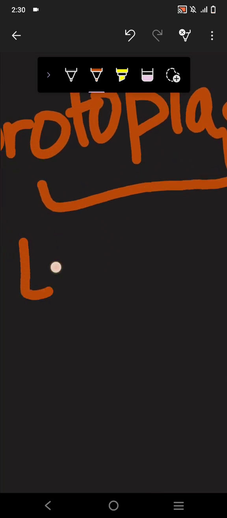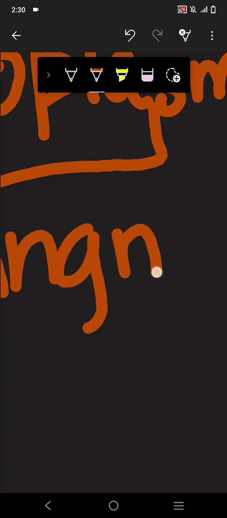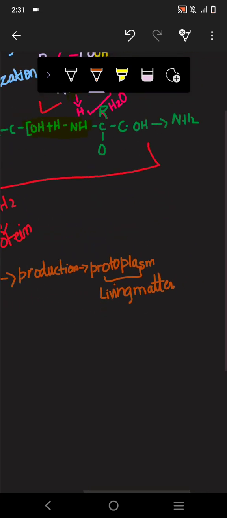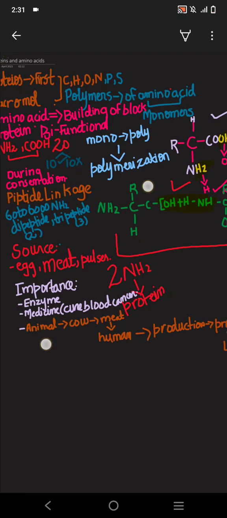It is the living matter, so for the living matter, protein is required. Okay, these were the importance of protein, the uses of protein, and the sources from where we can easily get protein.